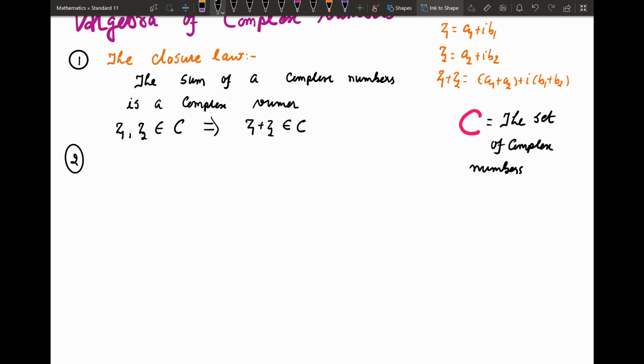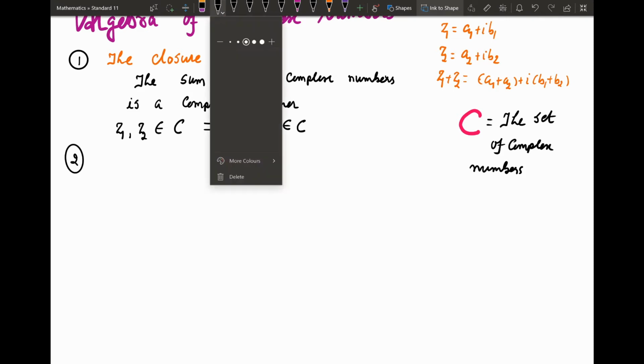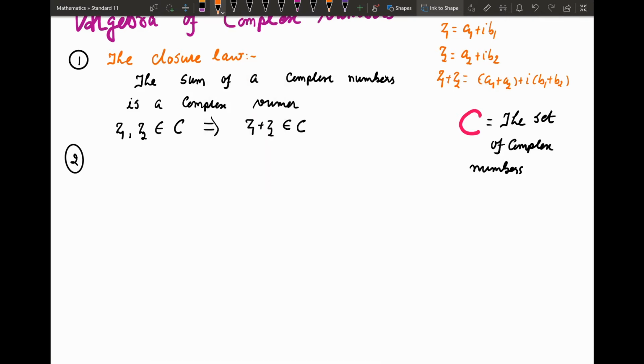Another is the commutative law. These are the properties for addition. Similarly, there are also properties for multiplication. Now we discuss the commutative law.